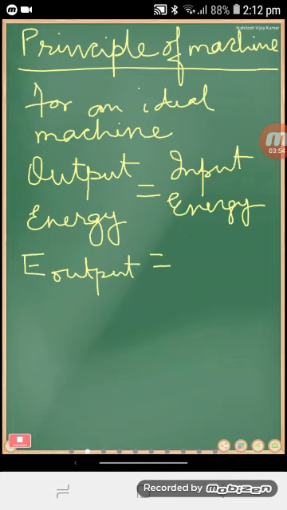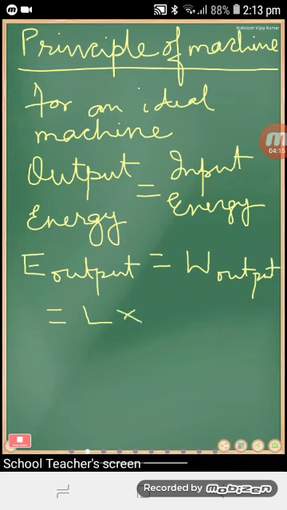So we measure energy in terms of the work done. So this will be equal to work output, output work. Okay. Now work output, this has been done by the machine on the load. So this will be equal to load into the distance moved by the load, or the displacement of the load.